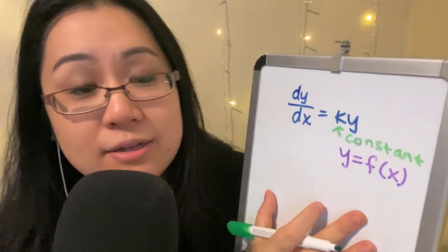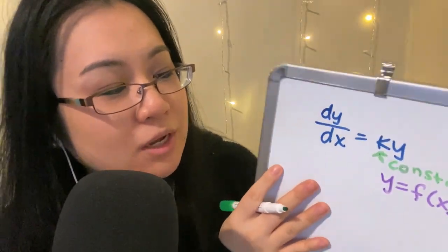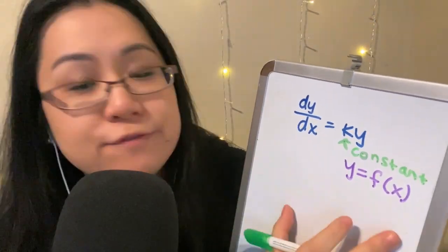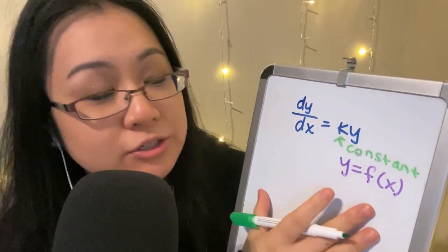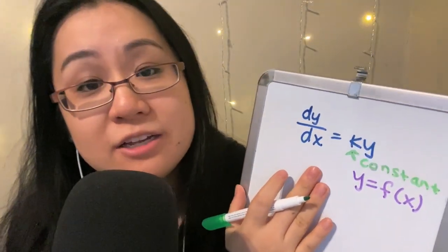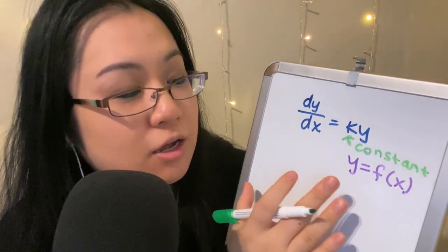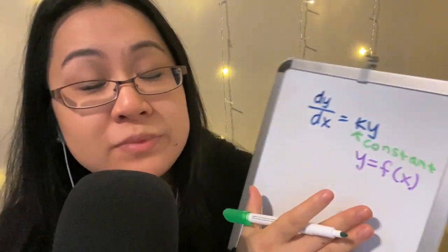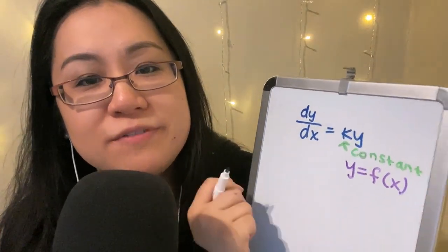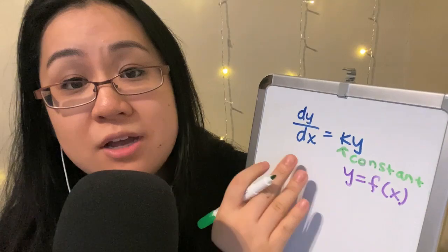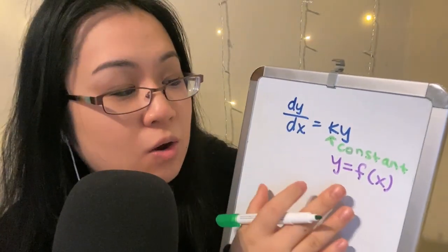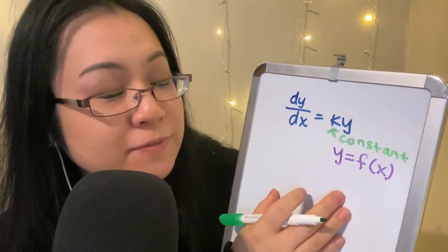But before we do that, I wanted to mention a common phrase that you might hear when it comes to this kind of setup. So oftentimes on the AP test, if it's a word problem, you will need some kind of sentence or some kind of hint that we're actually dealing with this kind of question. So we want to be able to set up either this formula or the one that we're about to derive.